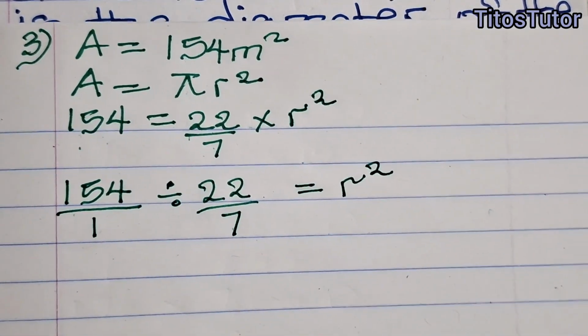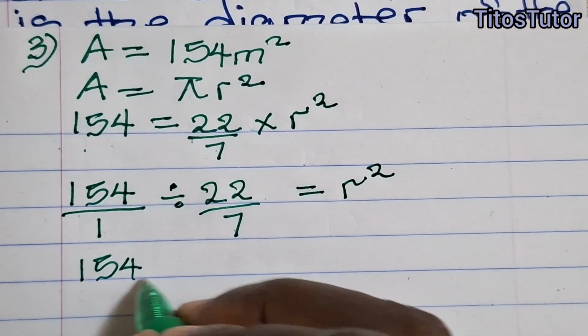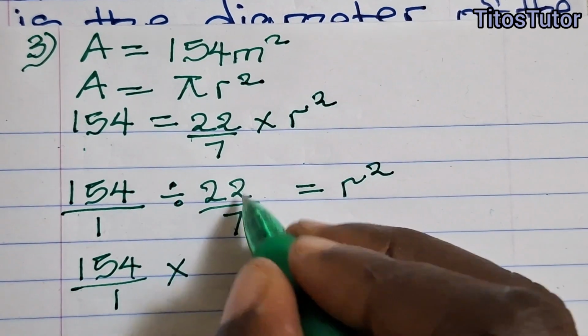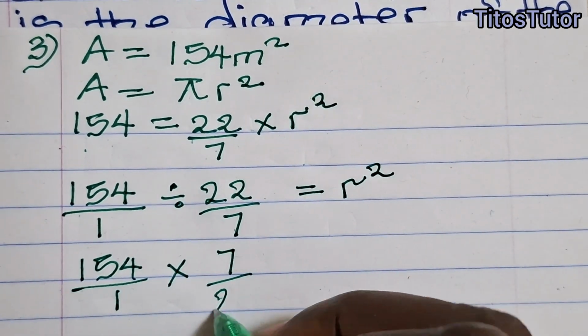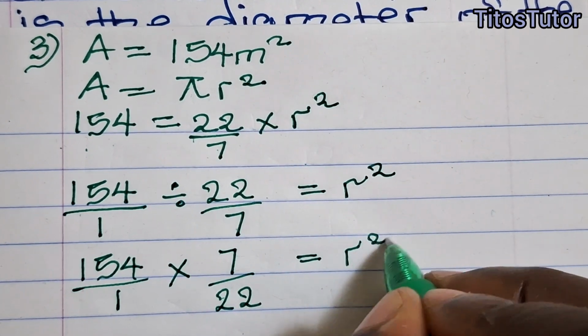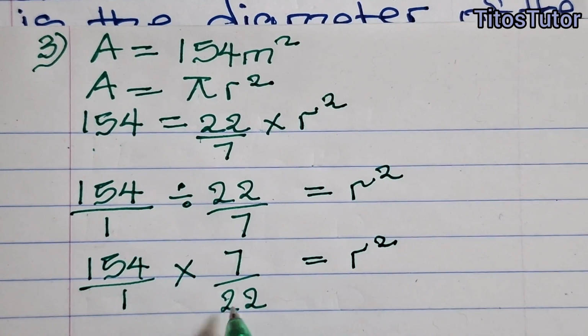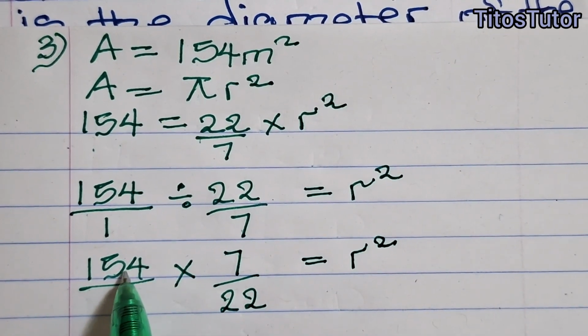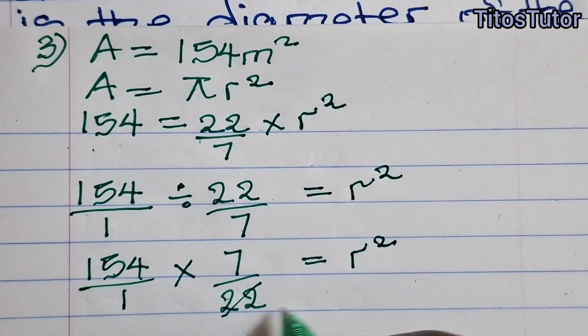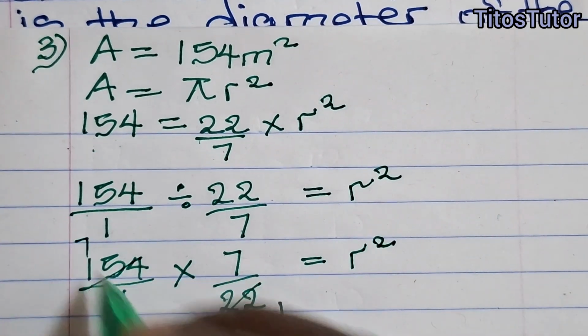Okay, so I have keep, change, and flip, division of fraction. This is going to give me r square. So let's check. How many times does 22 go in 154? It goes 7 times. 22 here 1, 22 here 7.